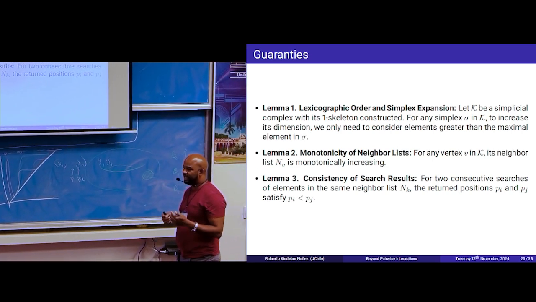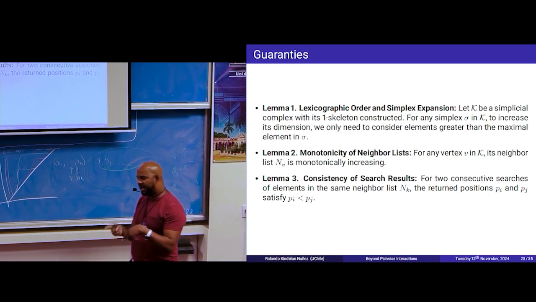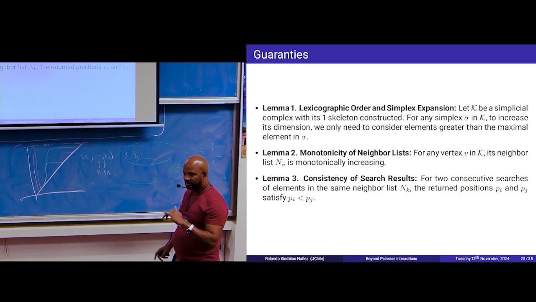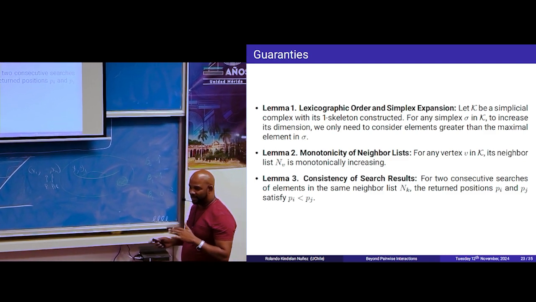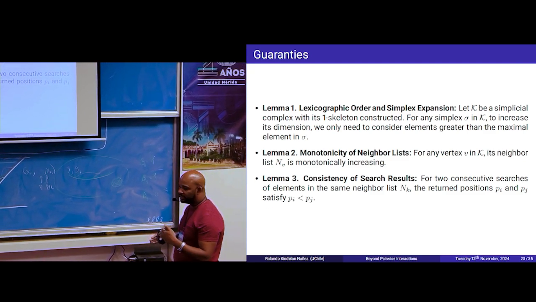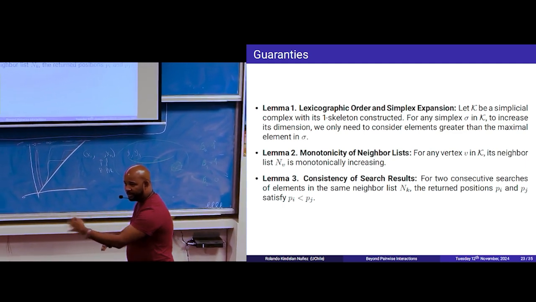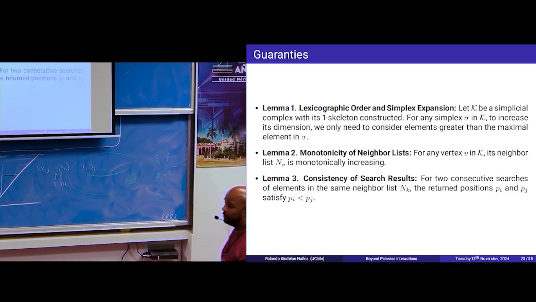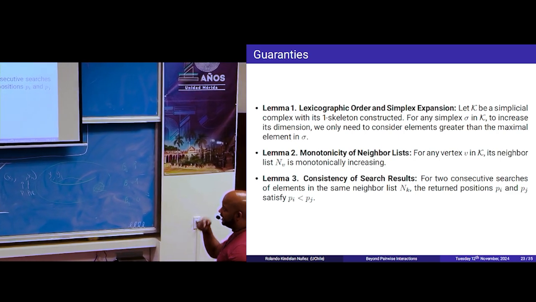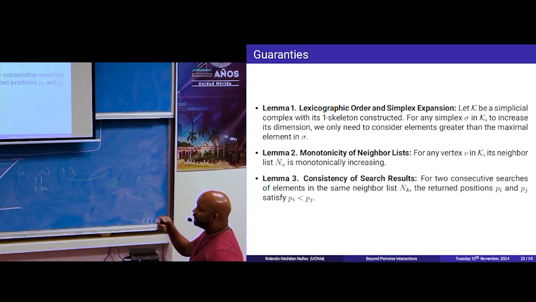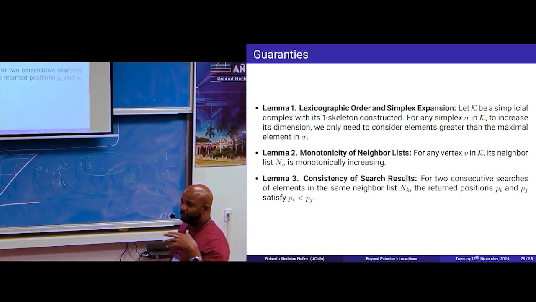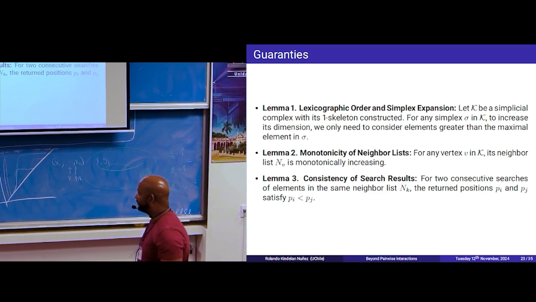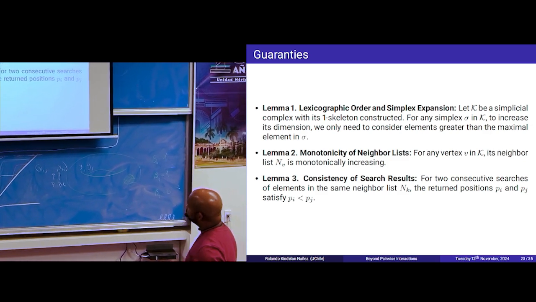And that means that any other point that we want to find in that neighbor list will be in a position higher than P. I don't know if it's clear, but this is a very high enhancement because you don't need to search every time from the beginning. These properties guarantee that our algorithm takes a lot of advantage. If we didn't notice that, we would have, for example, for loops starting from the beginning and checking simplices again and again. But we don't do that, fortunately.